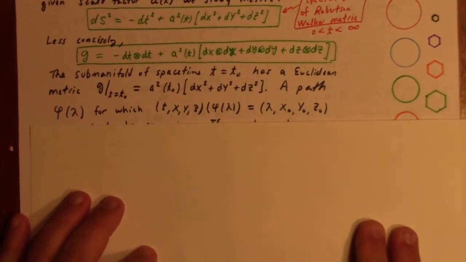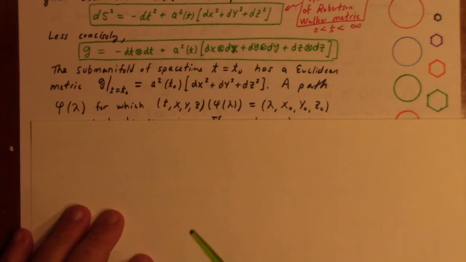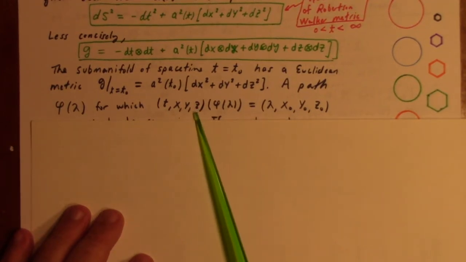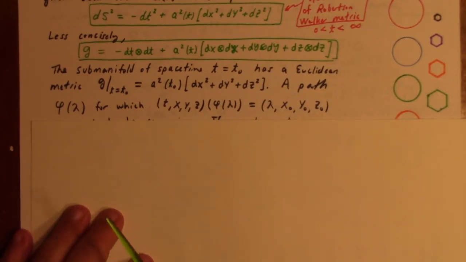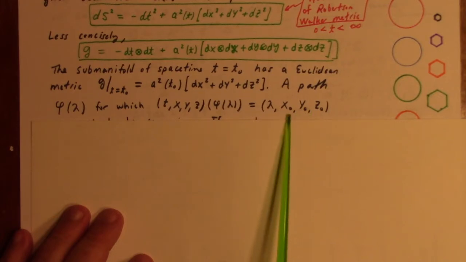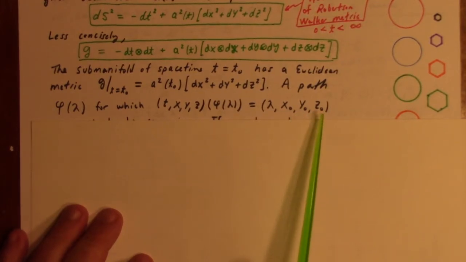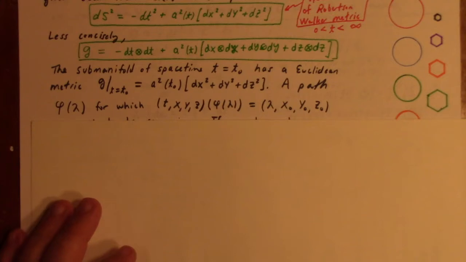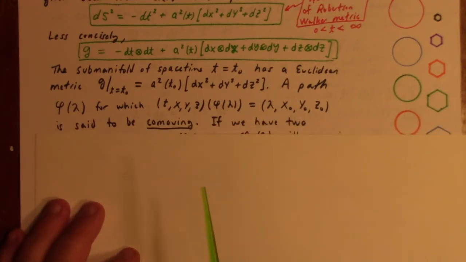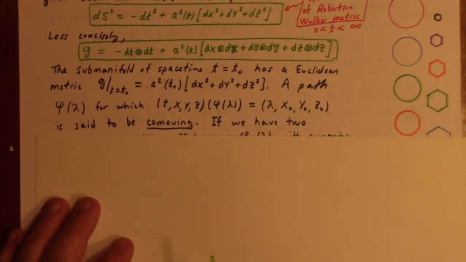Then you can do things like study a path in space-time such that the spatial coordinates are fixed. All right, so like that, and that's said to be a co-moving path in this context.